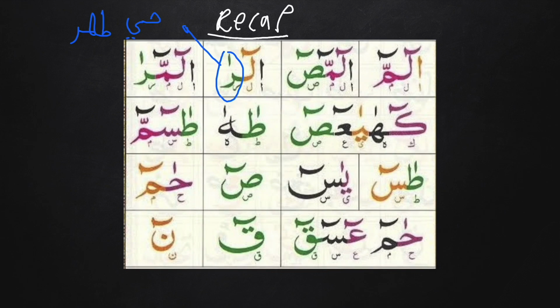Now we continue. Alif Lam Mim Ra. Kaf Ha Ya Ain Sad. Taha. Tasim. Mim. Tasin.